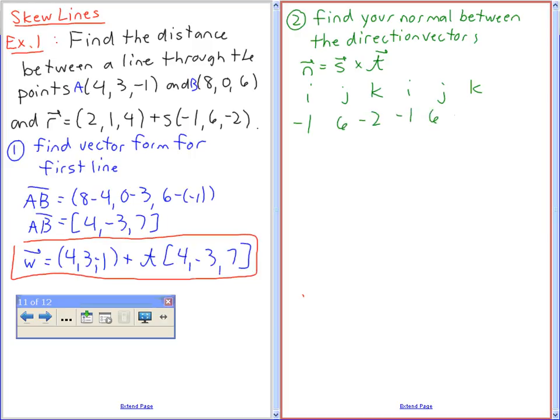It doesn't really matter which way you do it because T cross S is just going to be negative. And remember, you can multiply or divide by anything you want. So this is going to be 42i minus 8j plus 3k minus 6i plus 7.